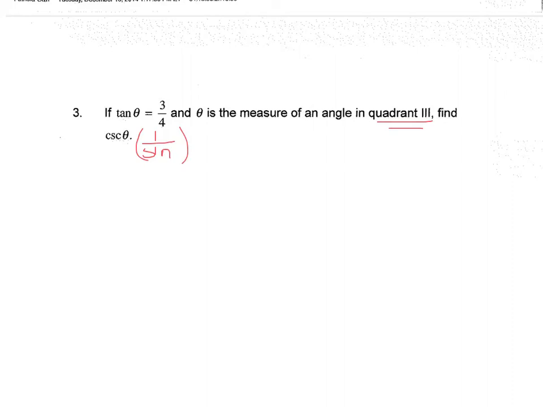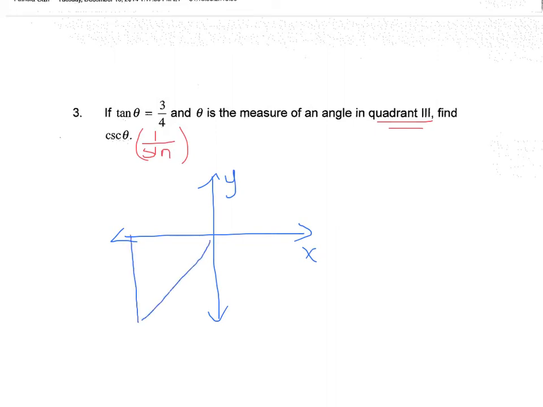So here we go. I'm going to draw it in quadrant 3. It's theta. Tangent, opposite over adjacent, is 3/4, but it's got to be a -3 because of the position, and a -4. It's a Pythagorean triple, so this is a 5.